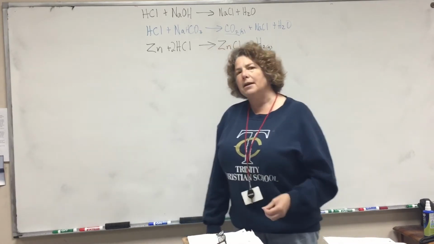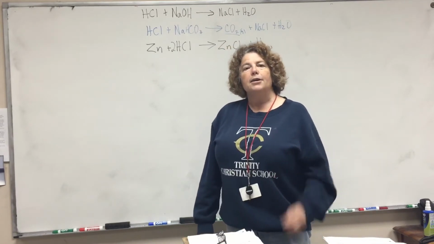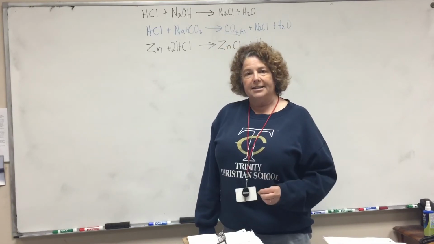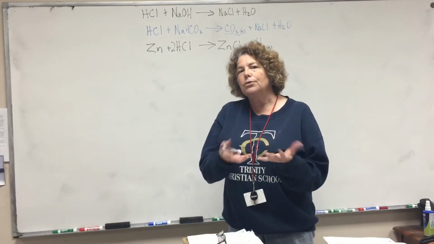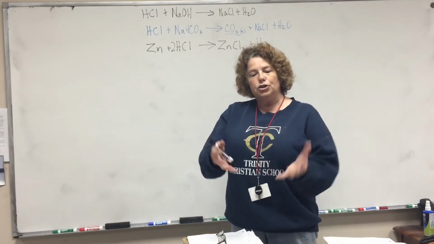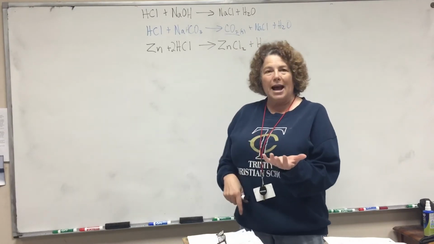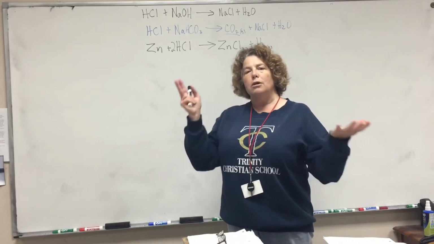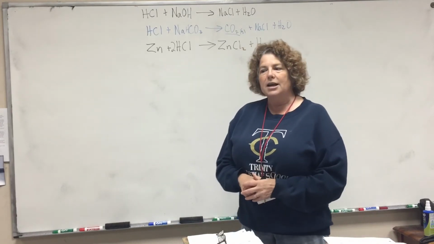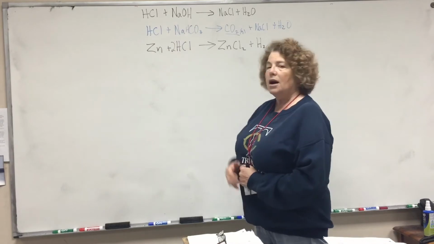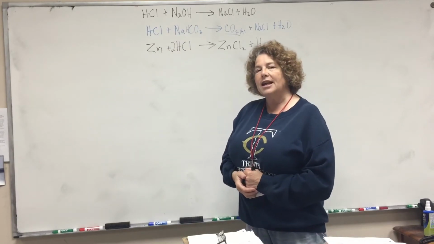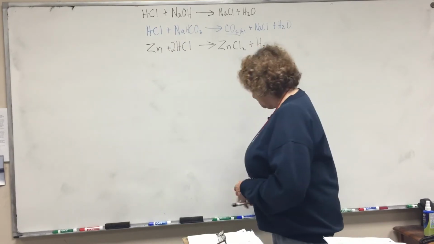So when you have a metal with an acid, it creates hydrogen gas. And when we bubbled it through the bubbles and we scooped up the bubbles, inside the bubbles was hydrogen gas. That's why it burst into flame so quickly. So I just wanted to show you these three reactions that have to do with acids.